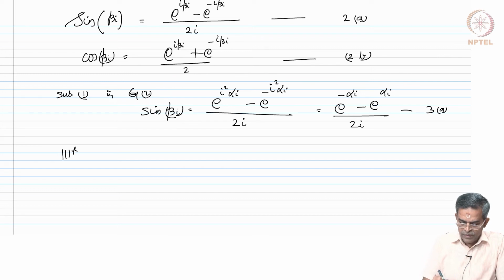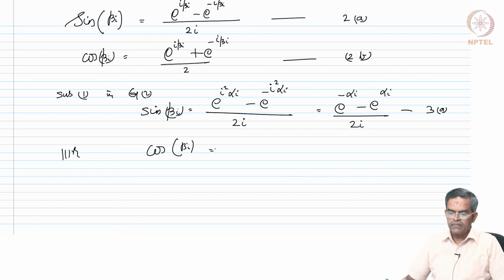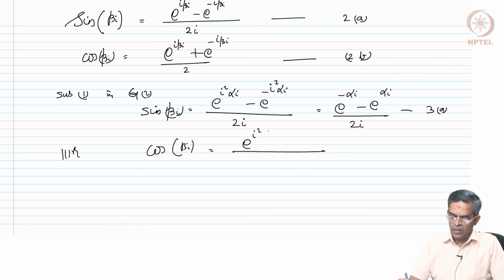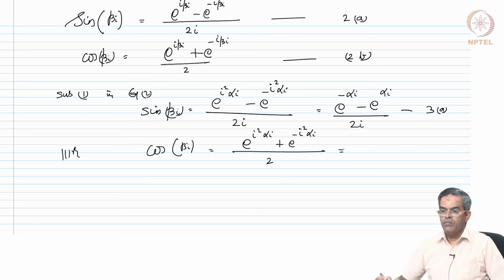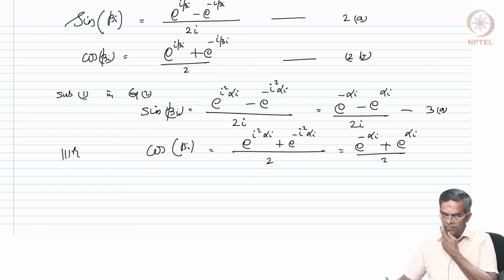Similarly, cos beta I will be (E to the I square alpha I plus E to the minus I square alpha I) by 2, which now becomes (E to the minus alpha I plus E to the alpha I) by 2, which is 3b.